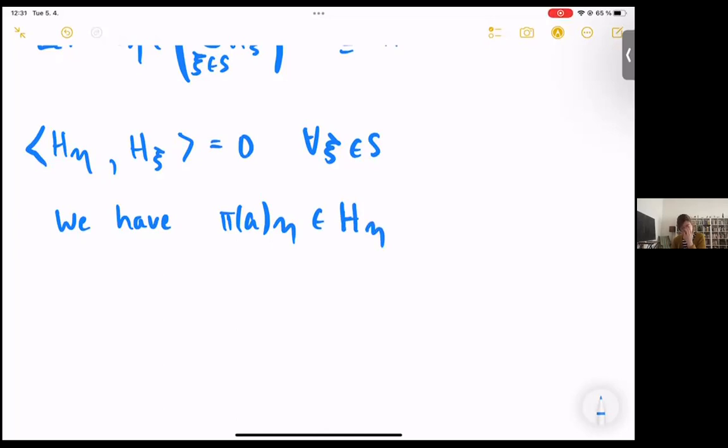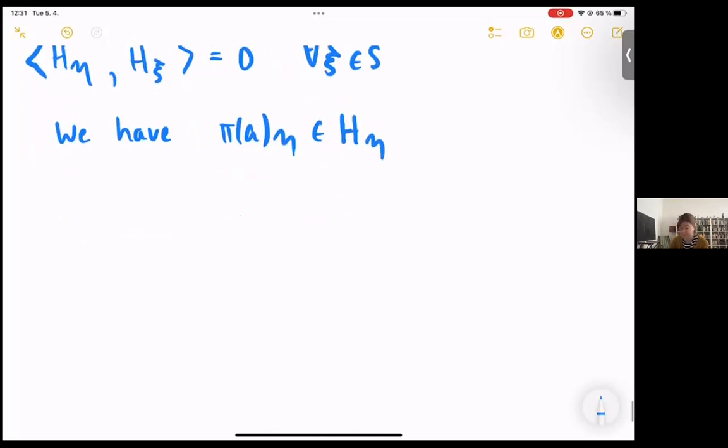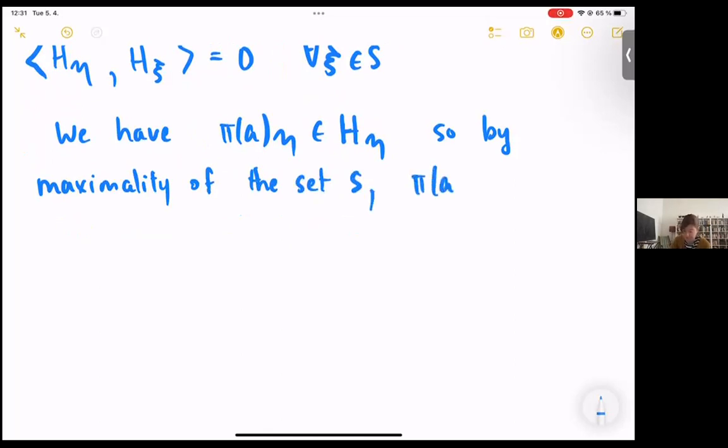So for all a, pi(a) psi is mapped into H_psi. By maximality of our set X, we have to have that pi(a) eta is 0, and that's for every a in A. In particular, this is true for even non-zero a.